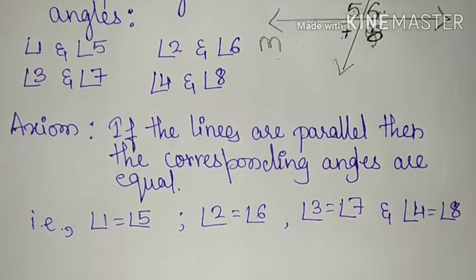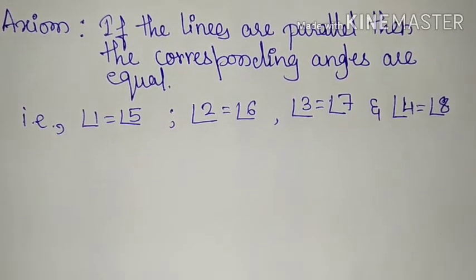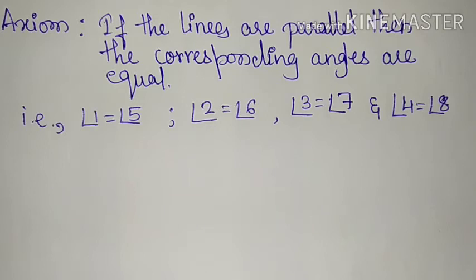Let's move on to the second set of angles, and before that keep in mind we assume that the corresponding angles are equal, and based on this assumption we prove that all the other sets of angles which we study further in this section are equal. So this is an axiom here, but the upcoming statements would be theorems because they can be proved on the basis of this axiom.